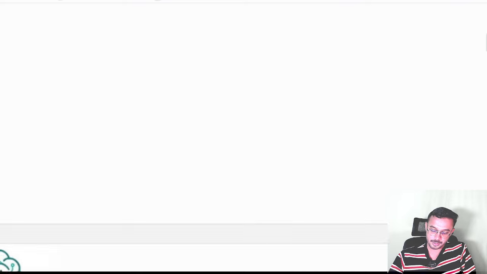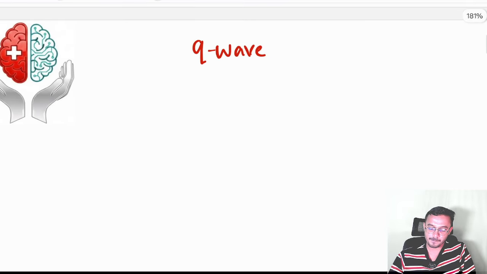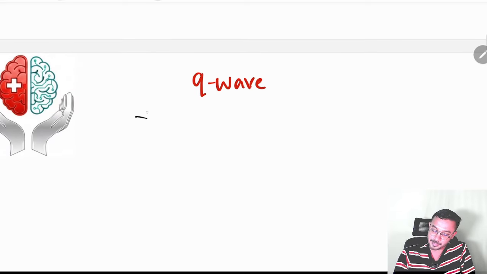And next is the Q wave. How does the Q wave get generated? Most students answer that the Q wave is generated due to ventricular depolarization. No, the Q wave is generated mainly due to septal activation.